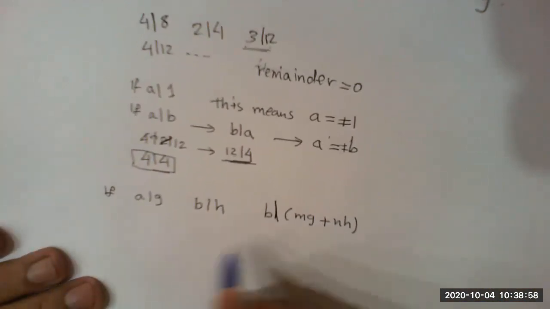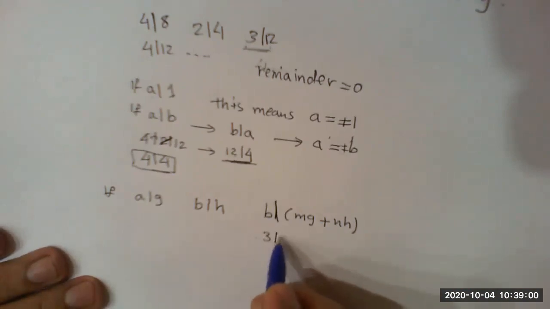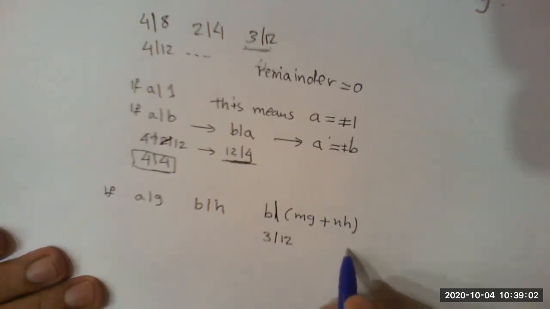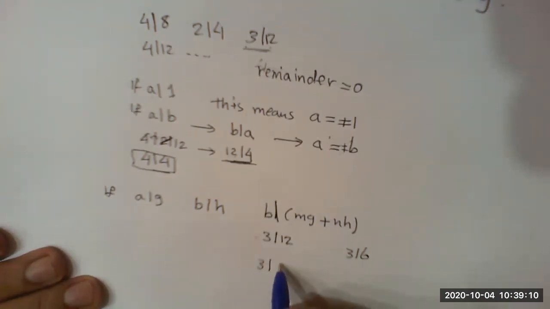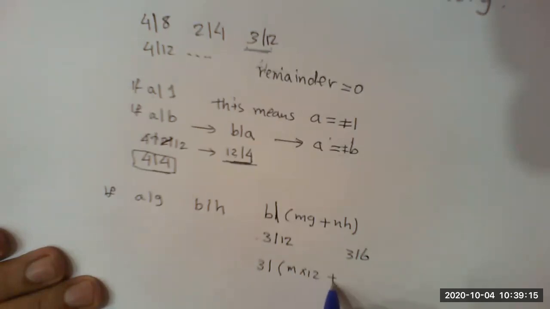If 3 divides 12 and 3 divides 6, we can write that 3 divides anything multiplied by 12 plus anything multiplied by 6. I can write anything here, and this relationship will work.